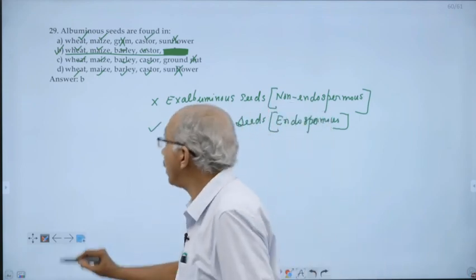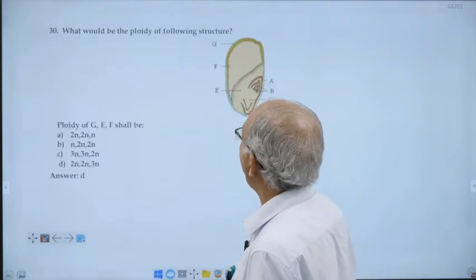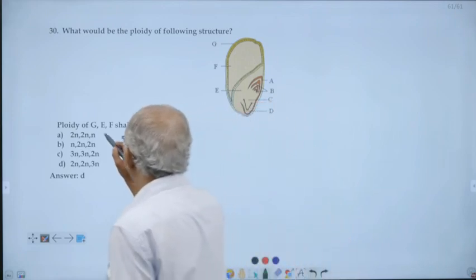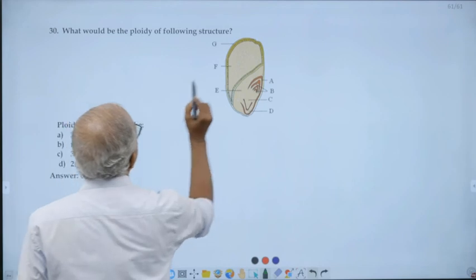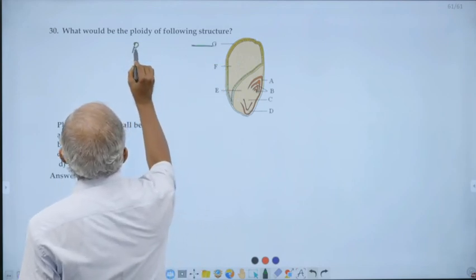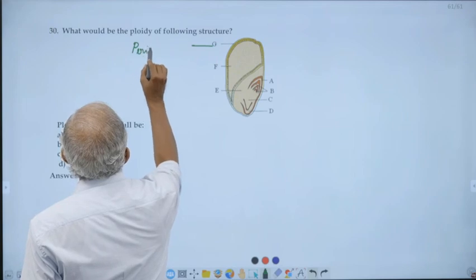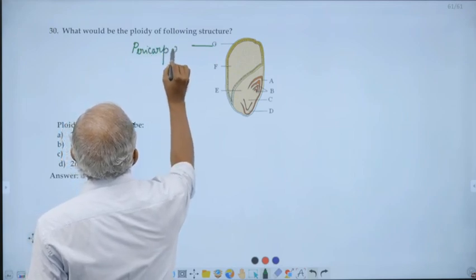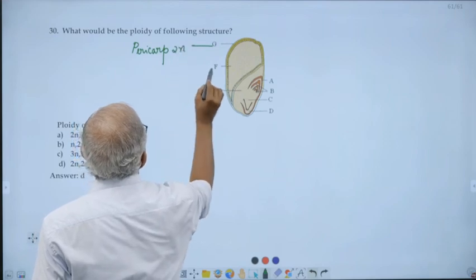Next, question number 30, the last question. What would be the ploidy of the following structures G, E, F? G is pericarp, the fruit wall, ploidy is 2n.